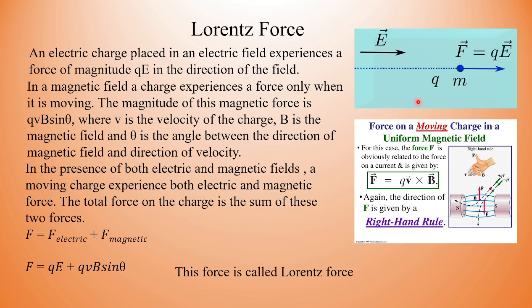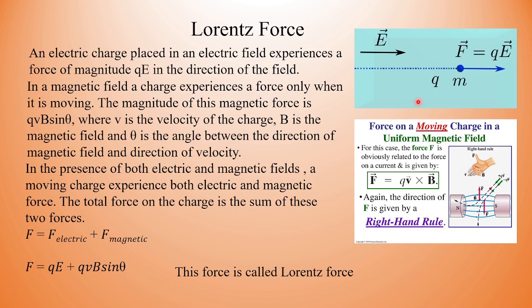And also, when a charge is moving in a magnetic field, the charge experiences a force. If an electric charge is placed at rest in a magnetic field, then there is no force. But when a charge is moving in a magnetic field, it experiences a force.